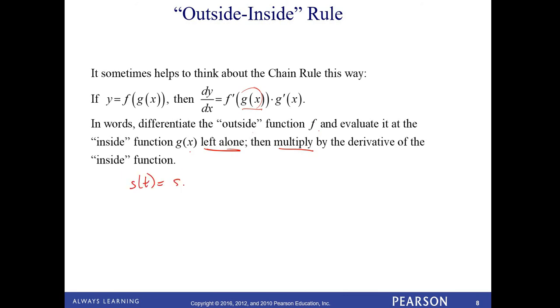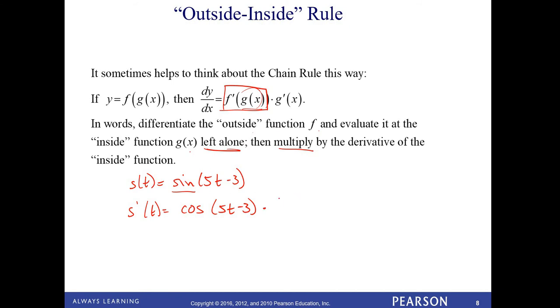s of t was sine of 5t minus 3. So s prime of t is the derivative of the outside. The outside function is sine. The derivative of sine is cos. I'm not going to do anything to the inside. That's f prime of g of x. I'm going to multiply that by the derivative of the inside.